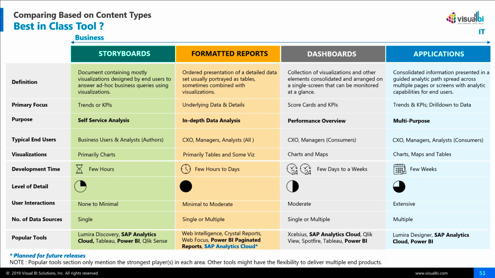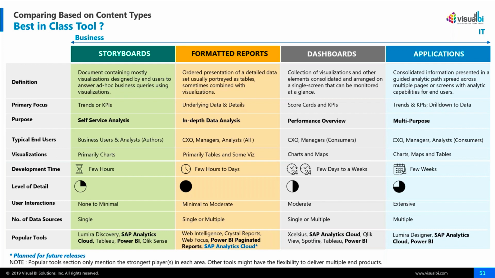One thing, when we look at it, Analytics Cloud is trying to cover all these 4 content types. You can see once they release the reporting, they will have all the 4 content types able to deliver.